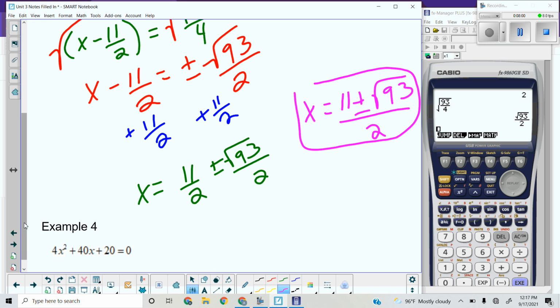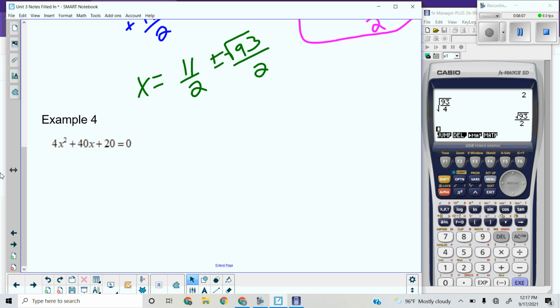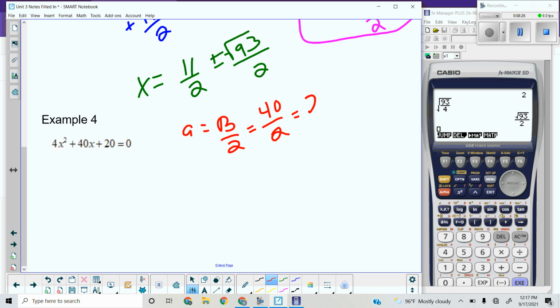So now that we've learned the whole thing, we are going to put everything together for example 4. So we start with what we learned in part 1. We have our little a equals big B over 2. And in this case, that would be 40 over 2, which is 20.